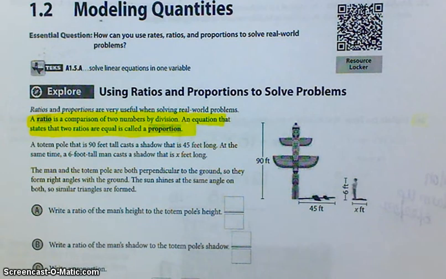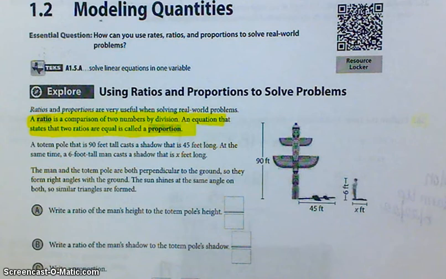It says a totem pole that is 90 feet tall casts a shadow that is 45 feet long. At the same time, a 6-foot tall man casts a shadow that is X feet long. The man and the totem pole are both perpendicular to the ground, so they form right angles with the ground.